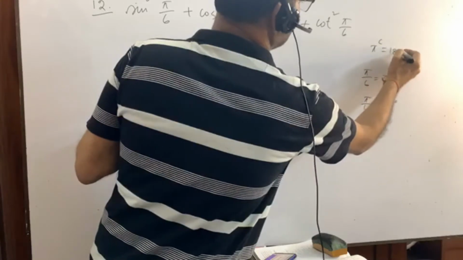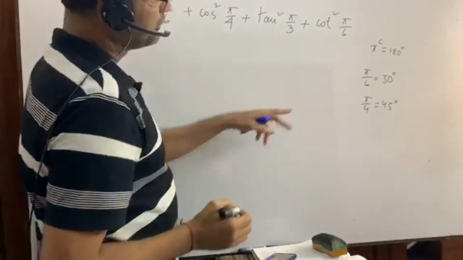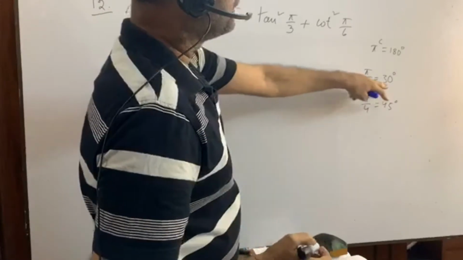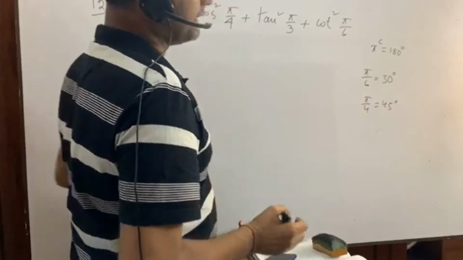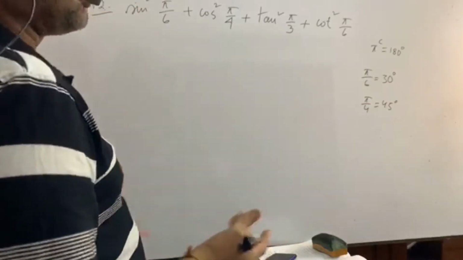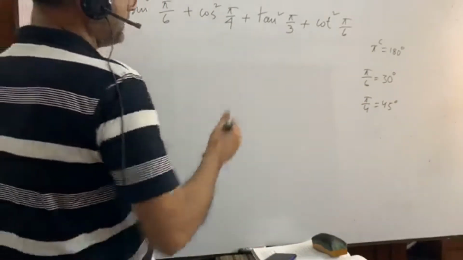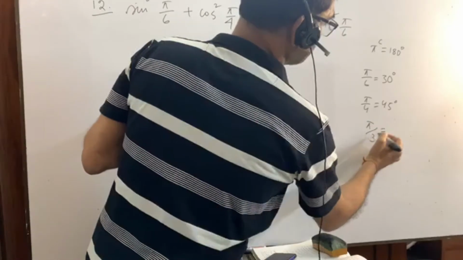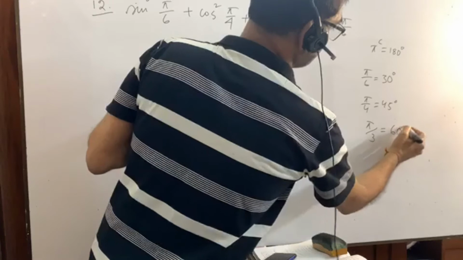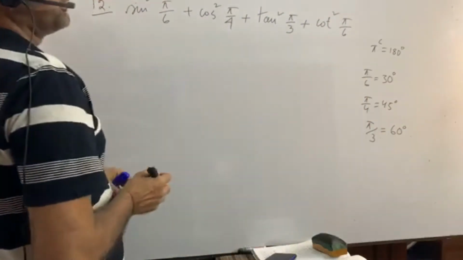Pi radian equals 180 degrees, so 180 divided by 6 gives 30 degrees, and 180 divided by 4 gives 45 degrees, right? In the same way, pi by 3 is 180 by 3, which is 60 degrees. Okay, so we have got that.